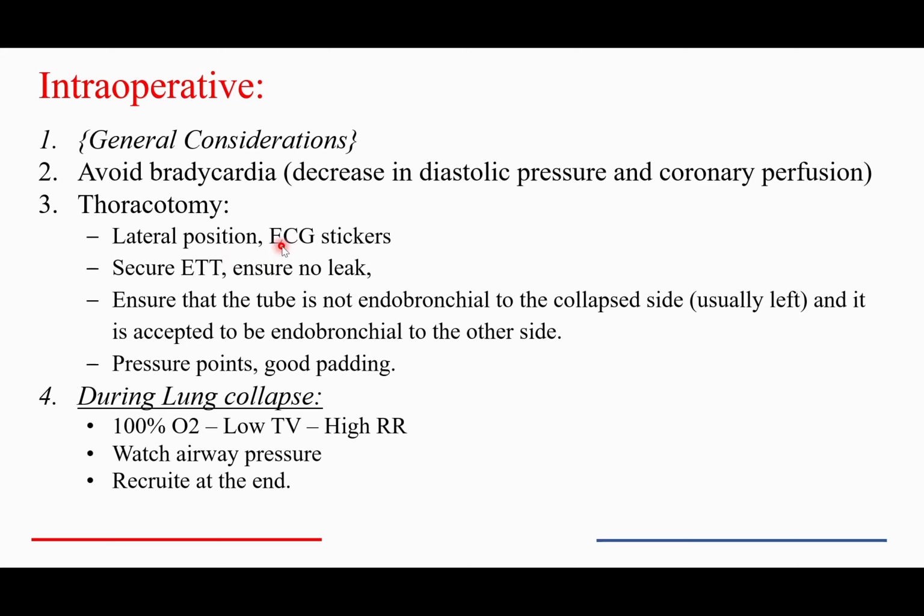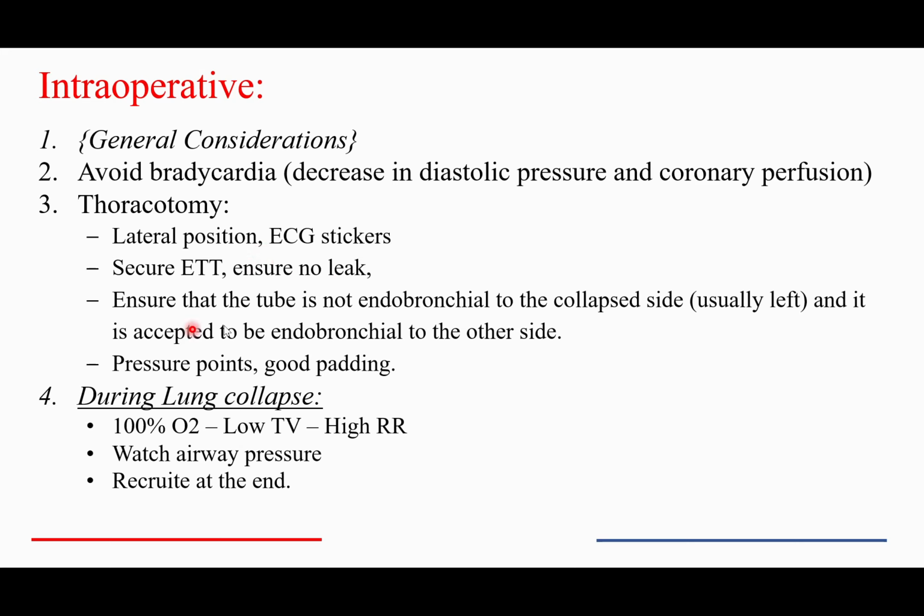The ECG stickers should be away from the surgical field. Secure the endotracheal tube, because if during the lateral position the tube slips during the operation, it is difficult to re-intubate. Ensure no leak.